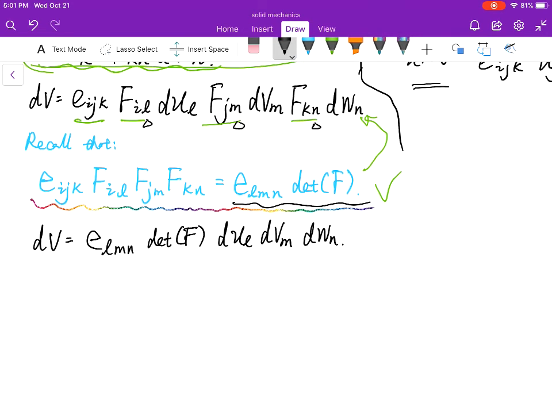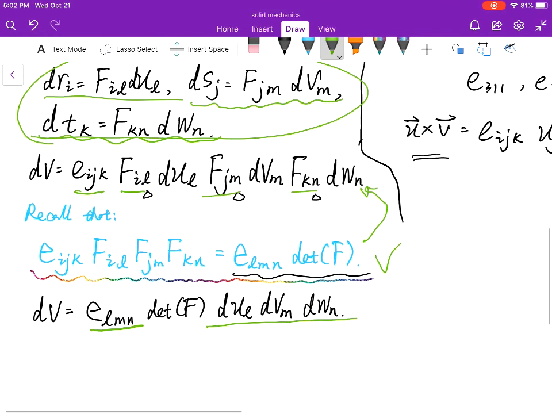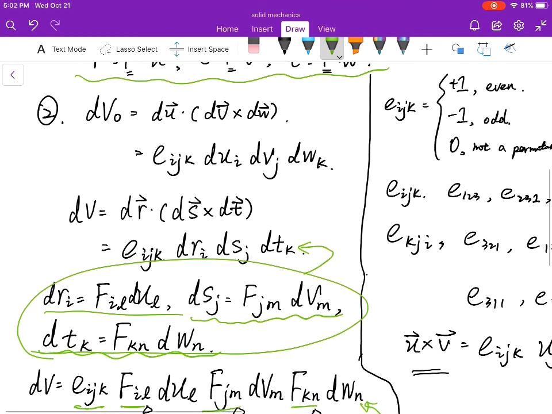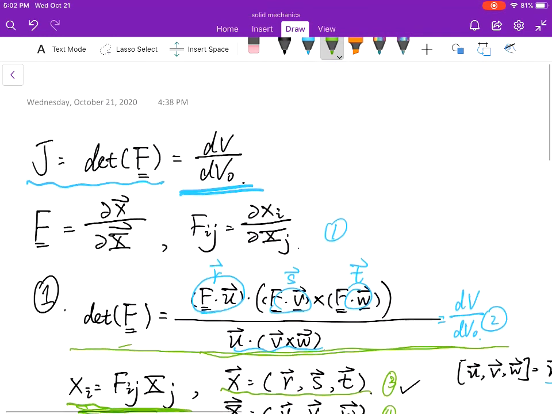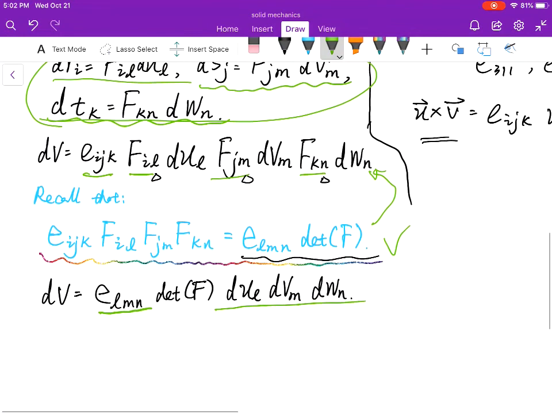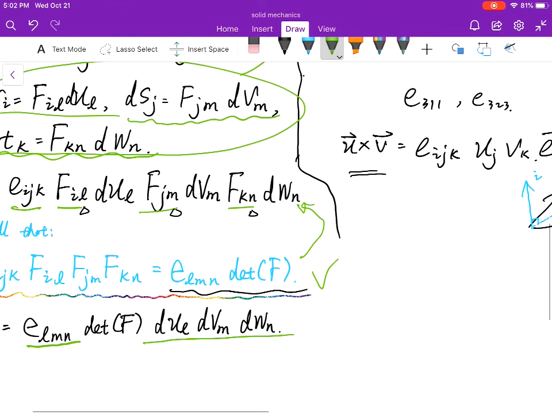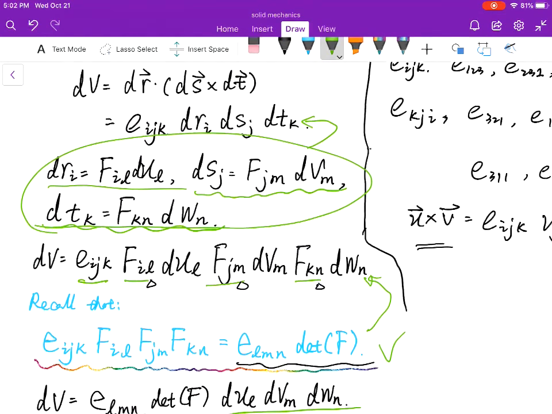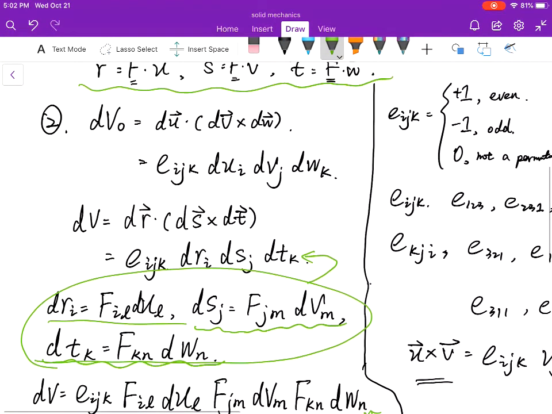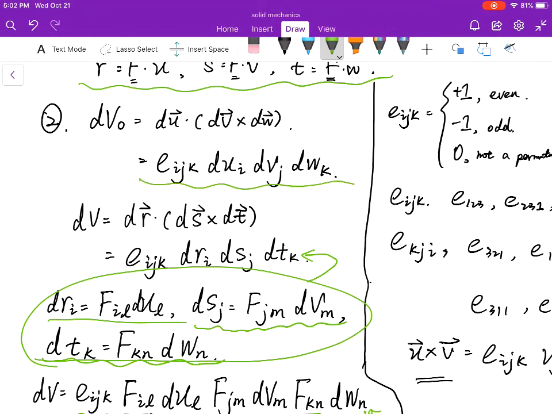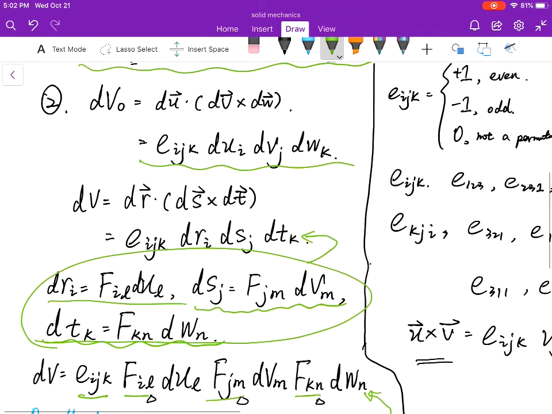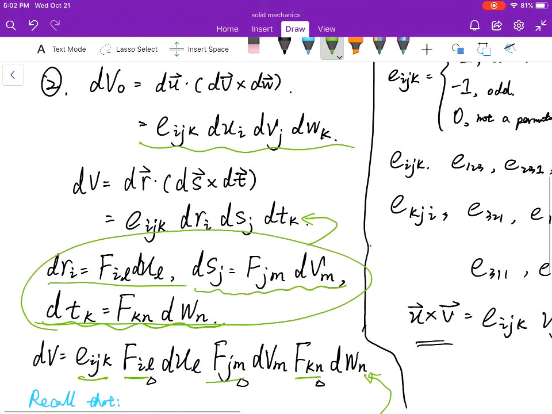If you pay attention, you will notice that this is just the mathematical expression for the triple product. That's the dv0.